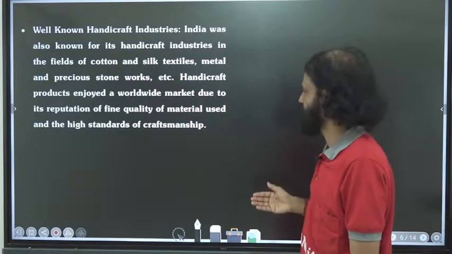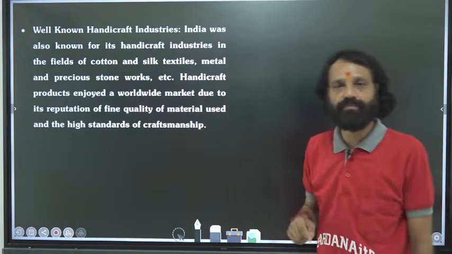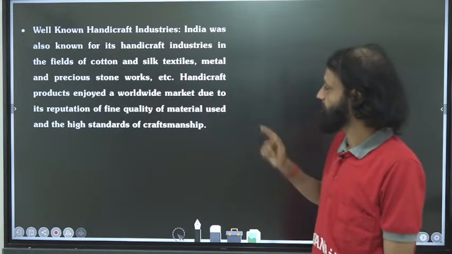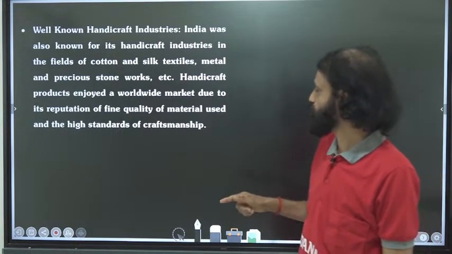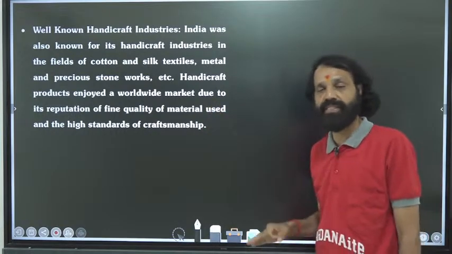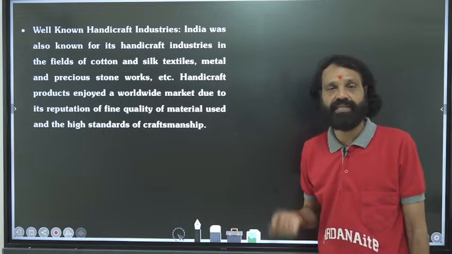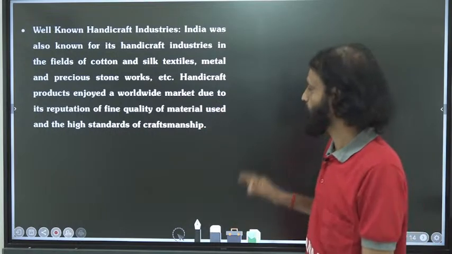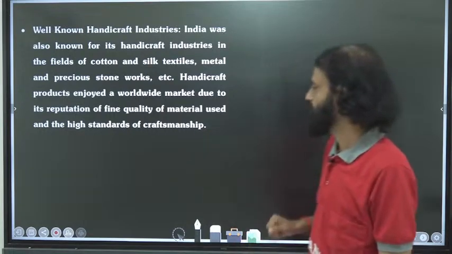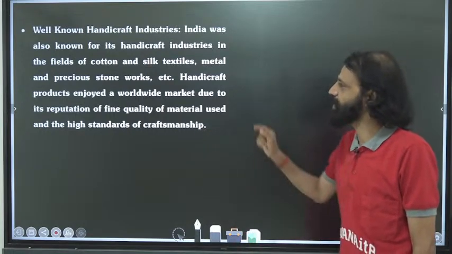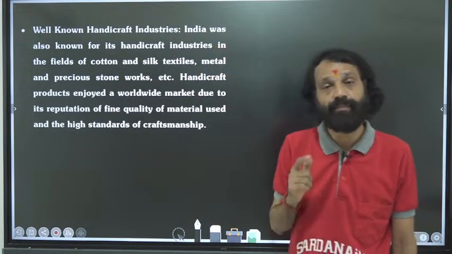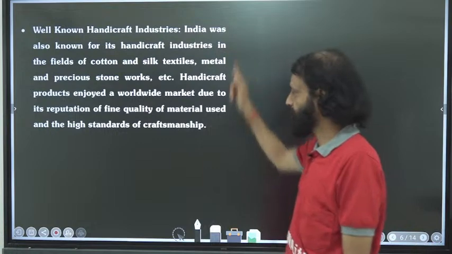India got a worldwide market and much reputation because Indian industries used very good quality material for their products. That point you need to remember.